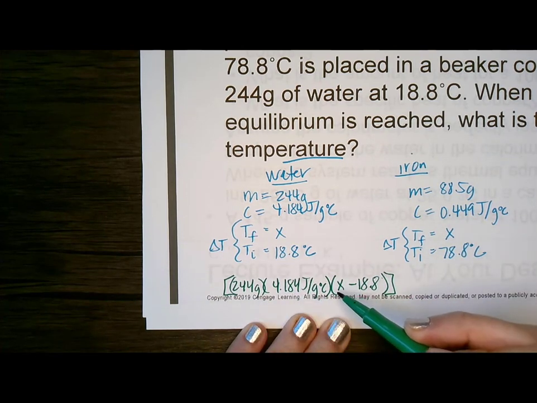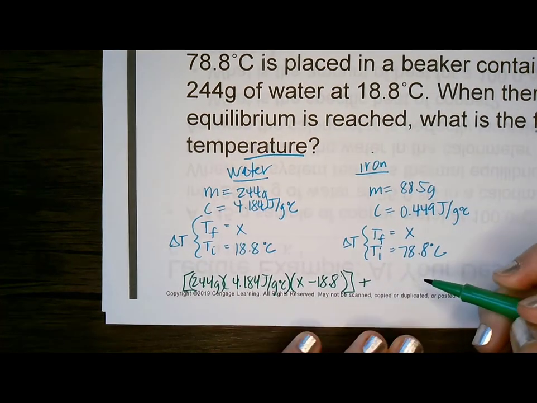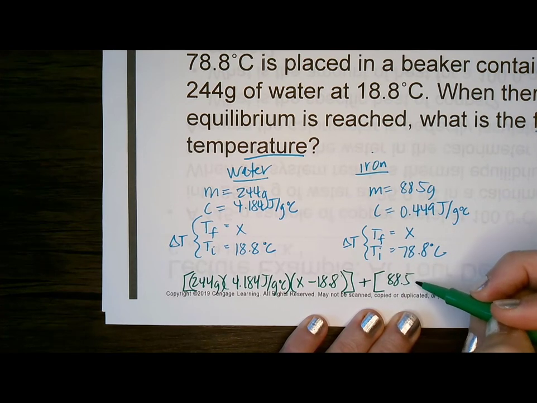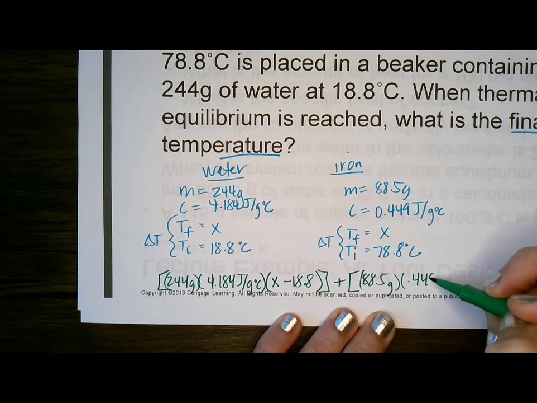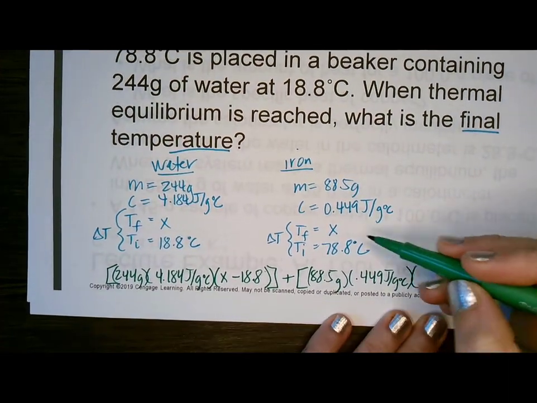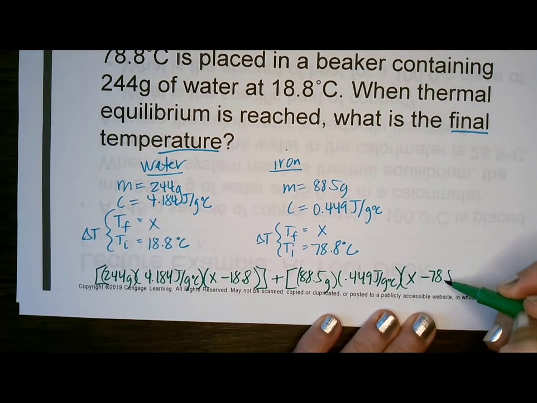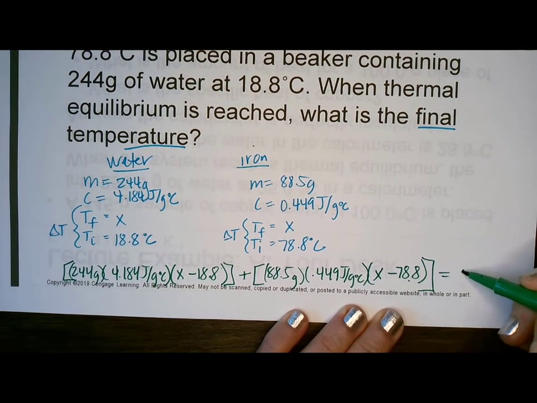So M times C times the change in temperature plus 88.5 grams, that's our M, our C 0.449. Our delta T we know is final minus initial, X minus 78.8. And that's equal to 0.